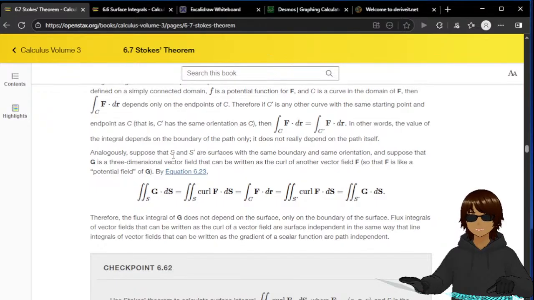Analogously, suppose that S and S naught are surfaces with the same boundary and same orientation. Suppose that G is a three-dimensional vector field that can be written as the curl of another vector field F, so that F is like a potential field of G. In equation 6.23, we have G dot dS is equal to curl F dot dS. Is this?